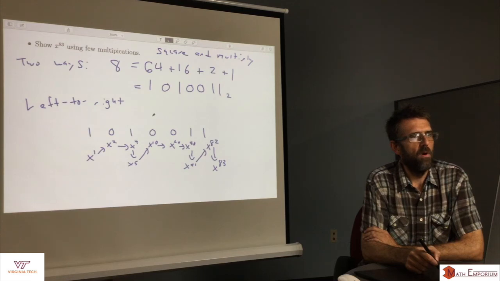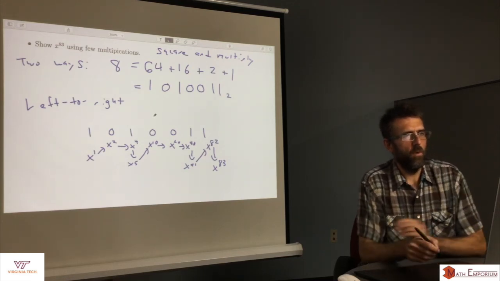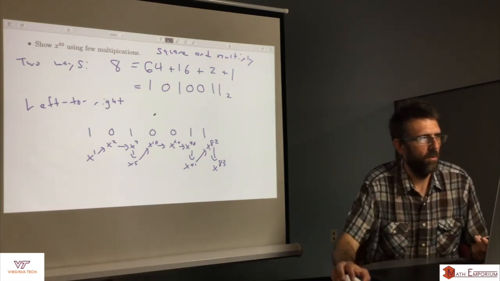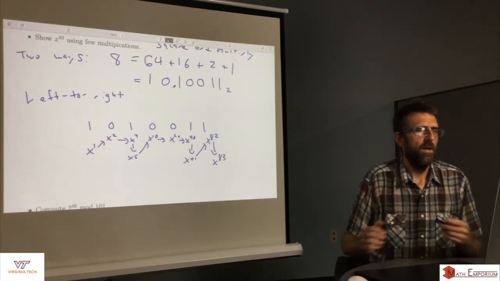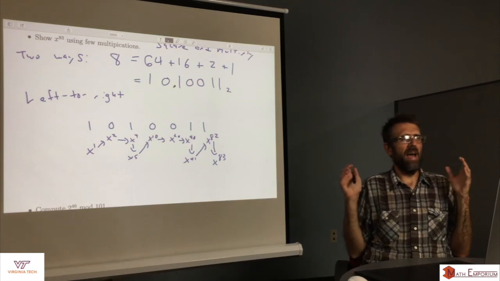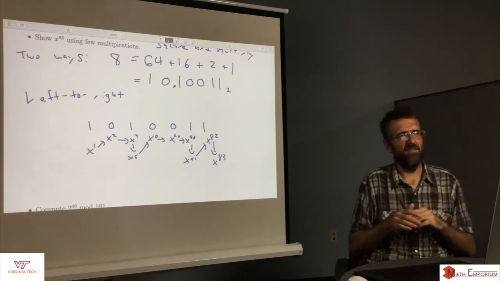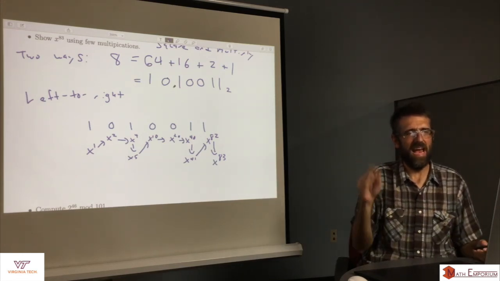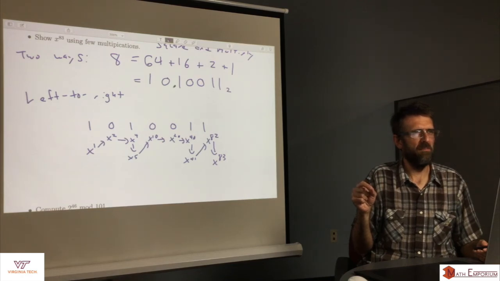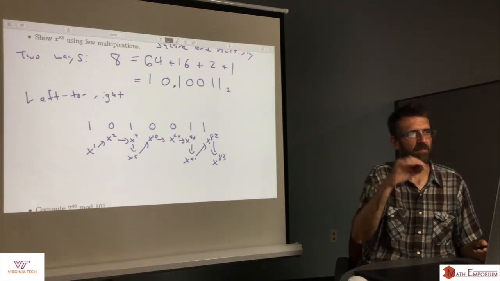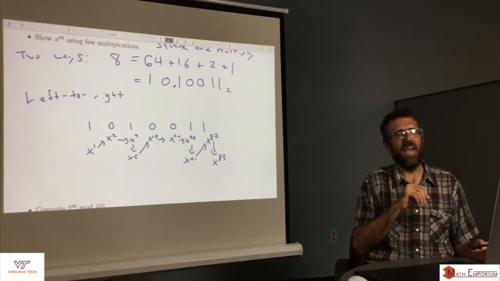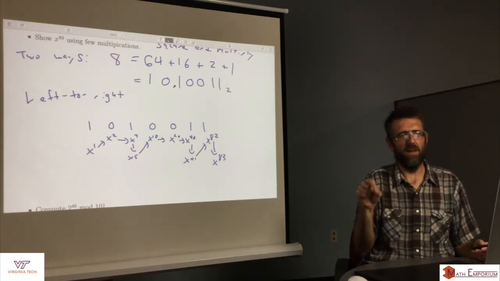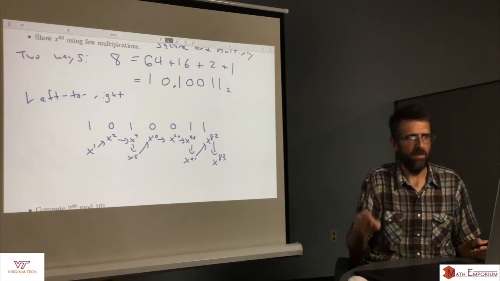So let's quickly try to look at a worst case analysis of this method. If my exponent has a bit length of n, we say bit length of k actually, since I'm usually using n for my base. So it's got a bit length of k. What's the worst case number of multiplications that I would need in this method?